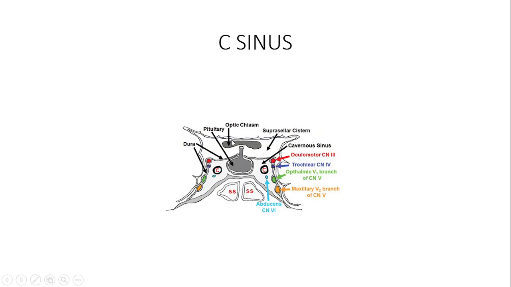Just on top of the pituitary gland, we have the chiasma, the place where the left and right optic nerves meet to give three-dimensional view. The distance between the optic chiasma and the pituitary gland is 10 millimeters, or 1 centimeter.